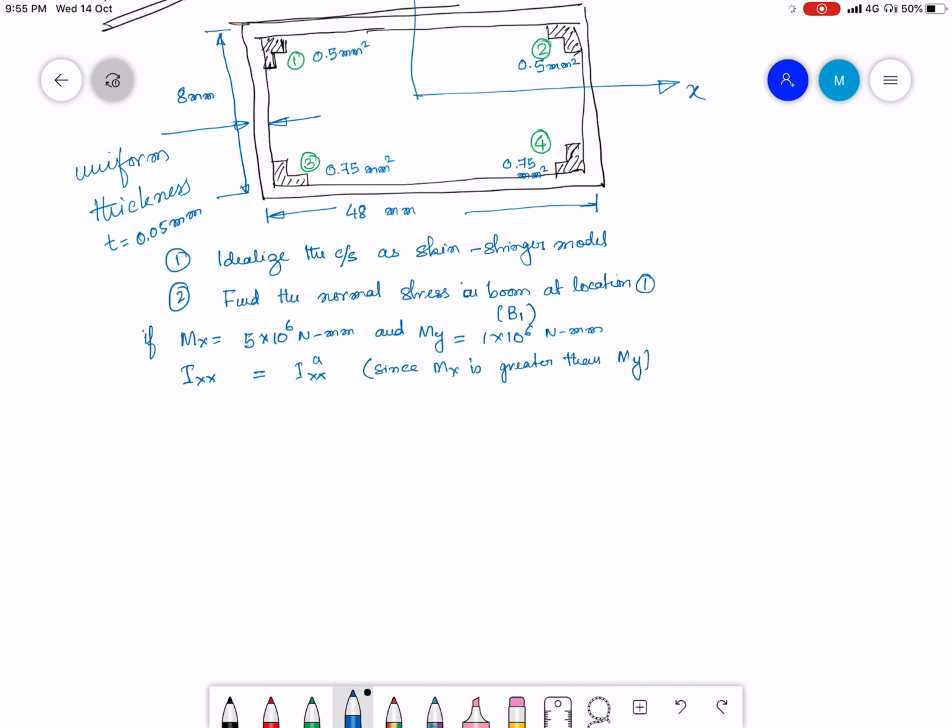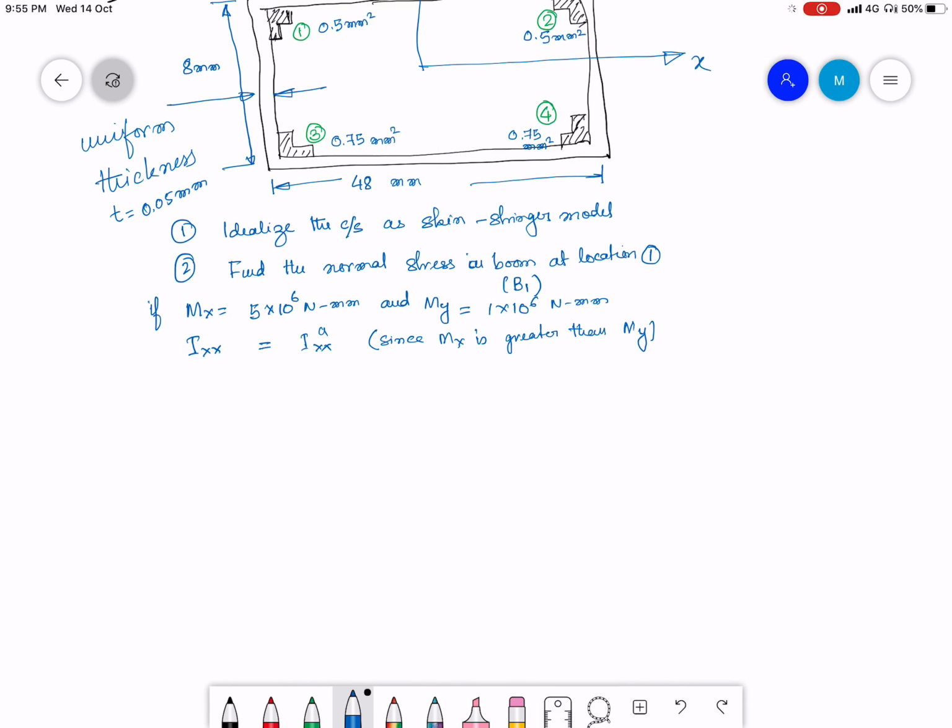So let me first draw it. If I try to draw the idealized cross section, I will place 4 booms at location 1, 2, 3 and 4. So this is going to be boom 1, this is boom 2, boom 3, boom 4.